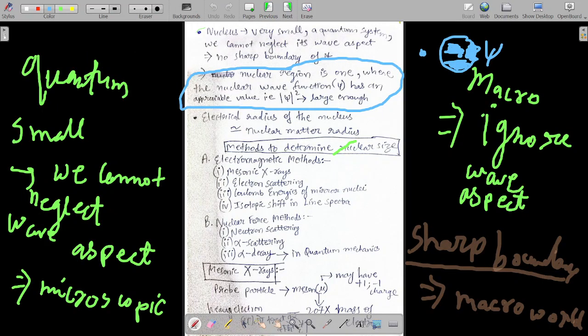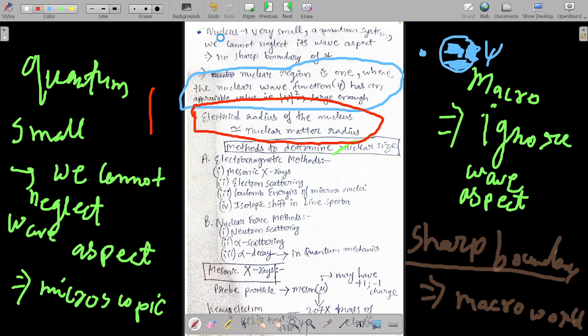Now, there is one more fact, the proof of which we are not going to learn. But there is one more fact, that the electrical radius of the nucleus is approximately equal to the nuclear matter radius of the nucleus. What does this imply?